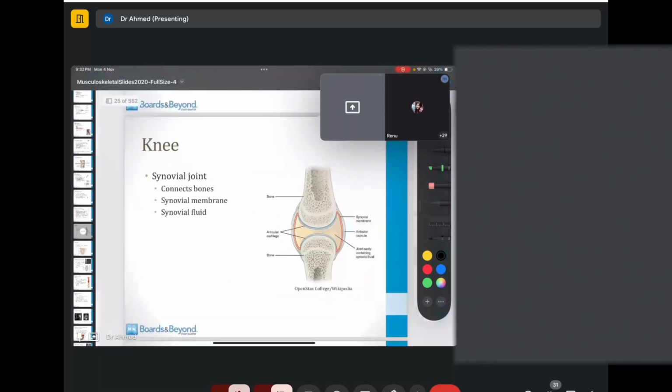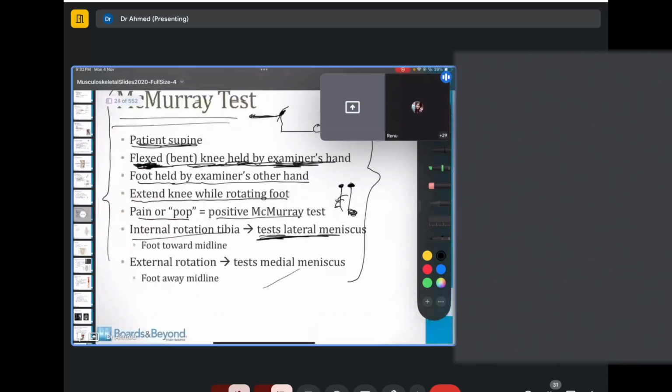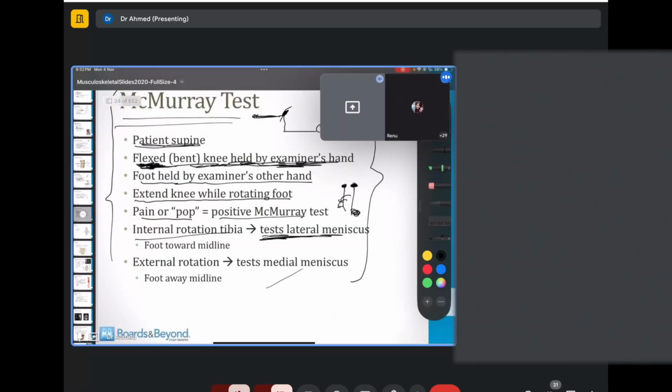There is one mnemonic for this. It's LIME, in First Aid. What does LIME stand for? L is lateral meniscal tear: you do internal rotation and hear the pop sound, meaning the lateral meniscus is gone. M is for the medial meniscus and E is external rotation.